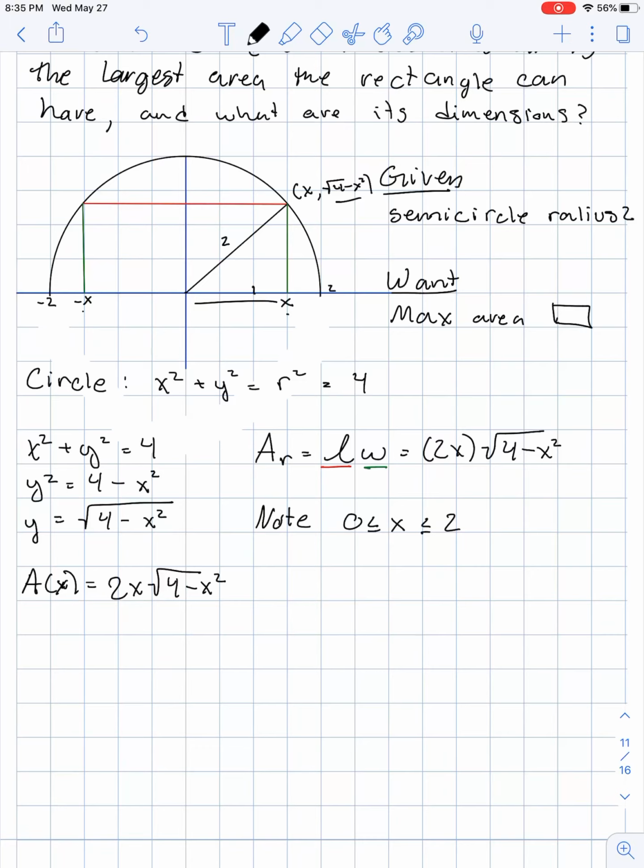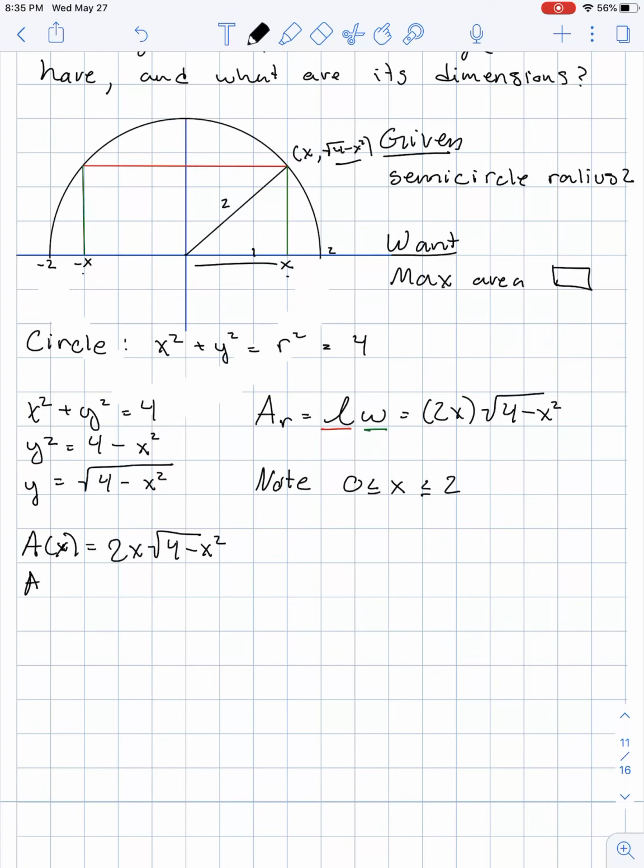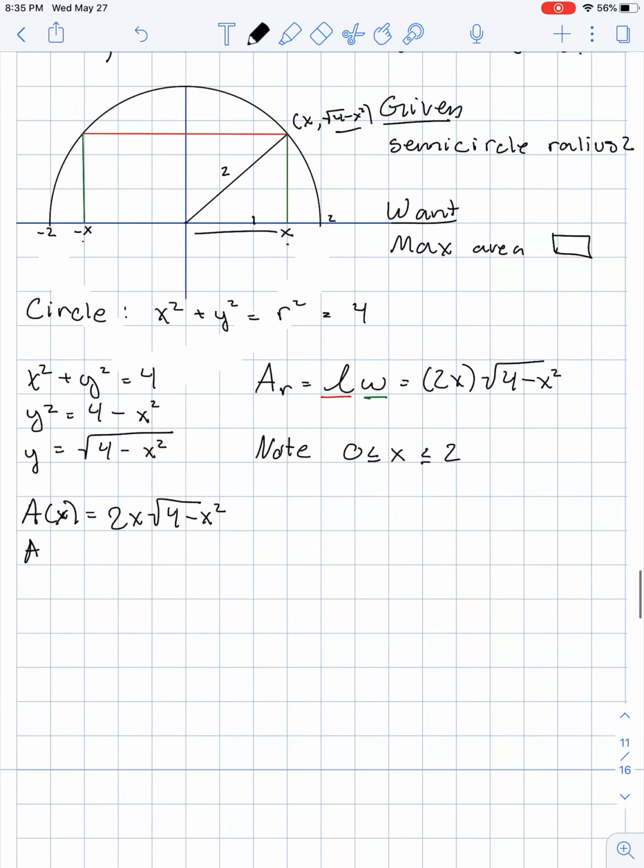Alrighty. So, get my bearings. Now we're going to take the derivative. So A prime of x equals, let's take the derivative of 2x, so it'll be 2 times the square root of 4 minus x squared, plus 2x times 1 divided by 2 square root of 4 minus x squared.